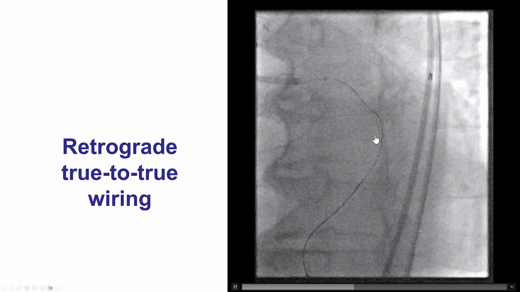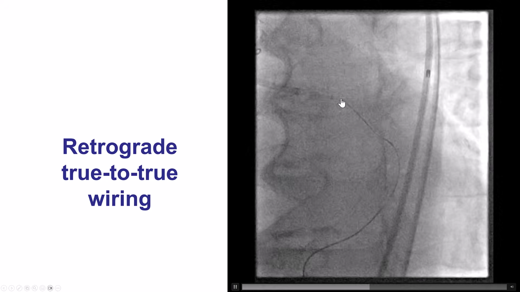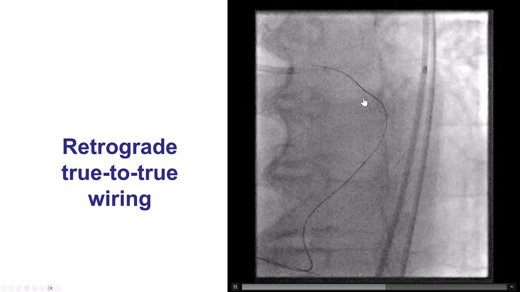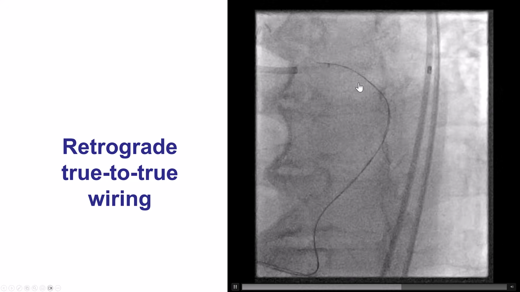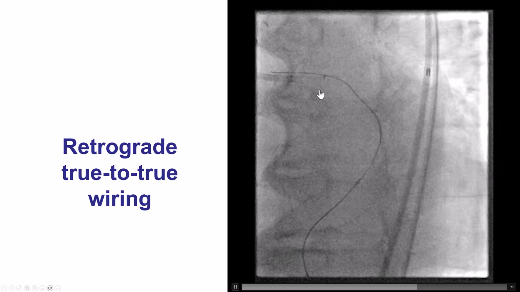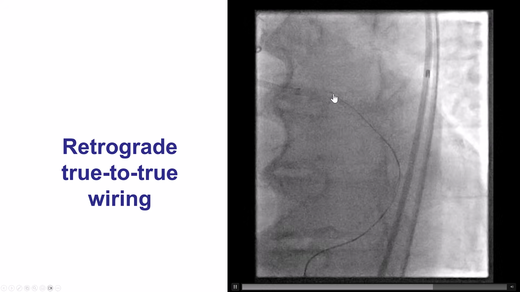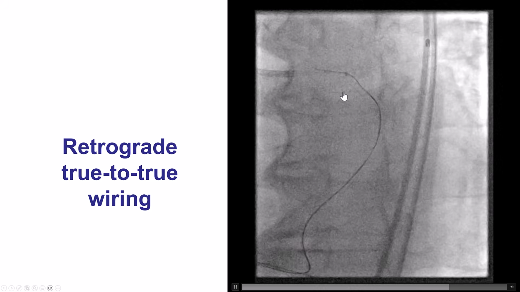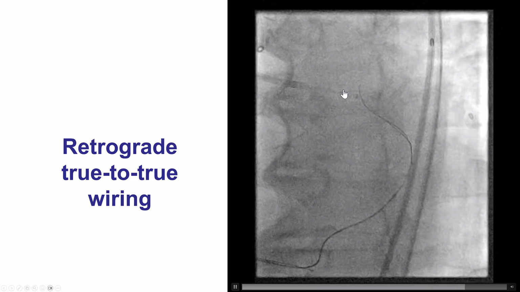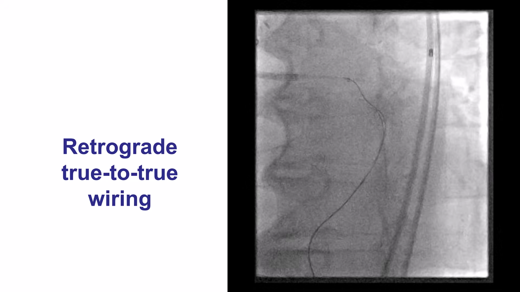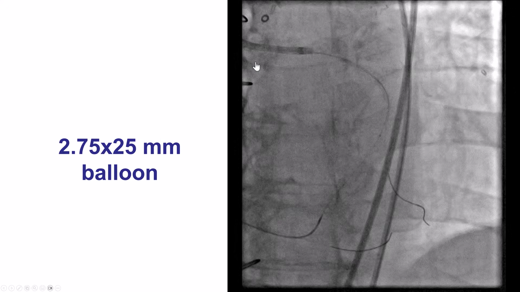So this was a retrograde true crossing using the Gaia Next guide wire, and fortunately we were able to advance the retrograde wire into the antegrade guide extension. It took quite a few attempts, but again, final success.